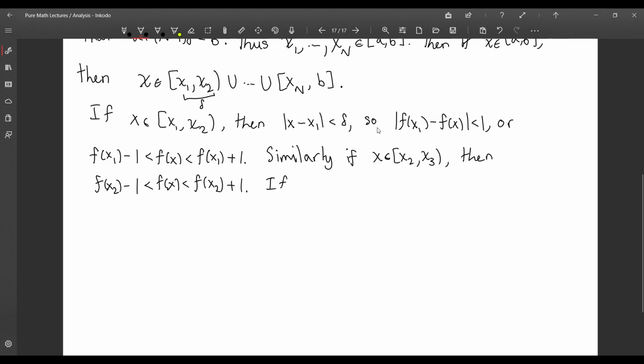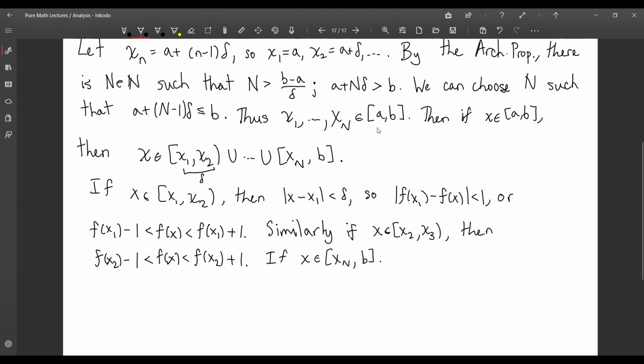And we can just go to the last one. If x is in this last one, and notice that B minus x sub n is less than delta, because we chose n such that a plus n delta is greater than b, and this is the same thing as x sub n plus delta.